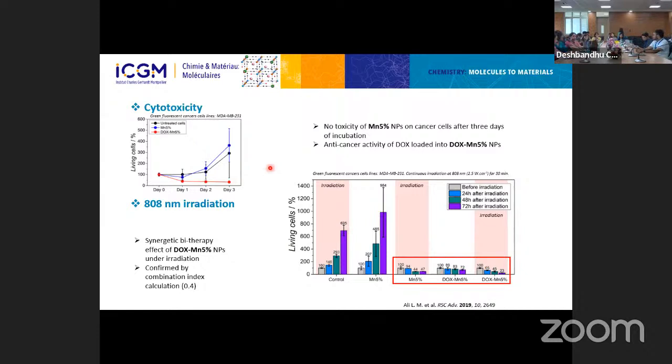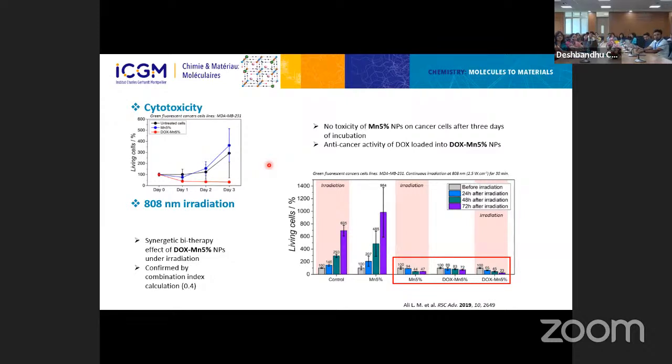Sir, this side Dr. Ruchika Joshi from Physics Department. I have a query. As you have written, anti-cancer activity of DOX loaded into DOX MN 5%. Have you done some research over it, as you are giving guarantee that it is anti-cancer activity?